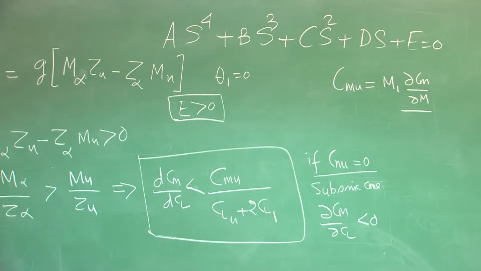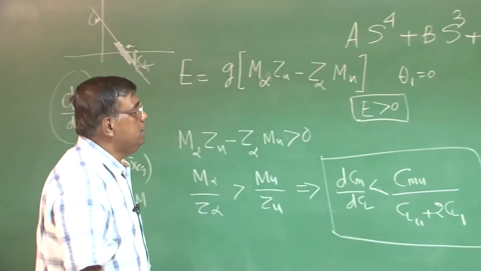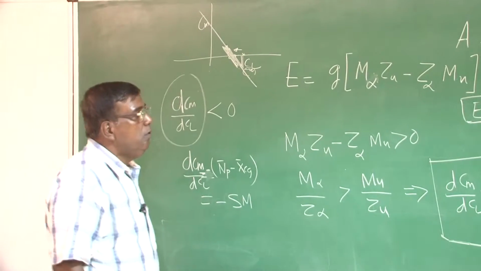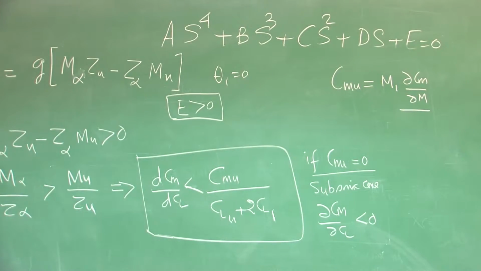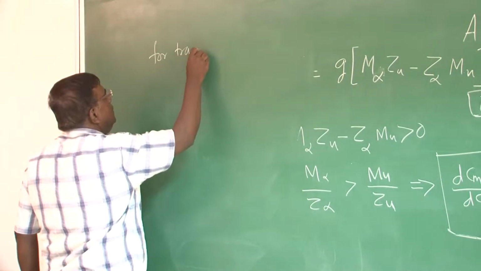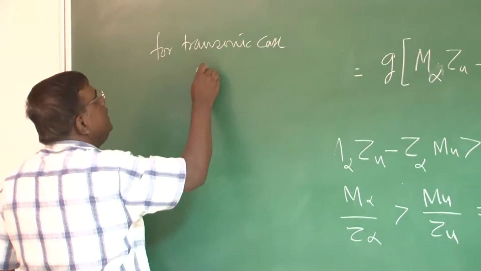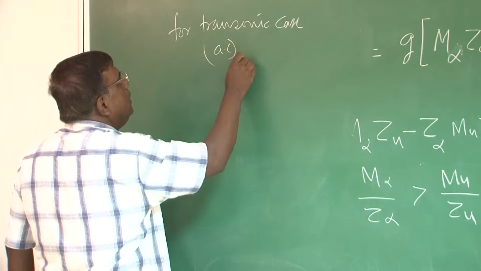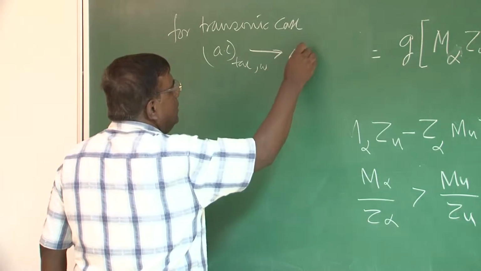But if it is in the transonic region or towards supersonic, where Cmu is not 0, what happens then? What is the information you get out of it? For transonic, in a case where the AC of the tail or wing moves aft, right?